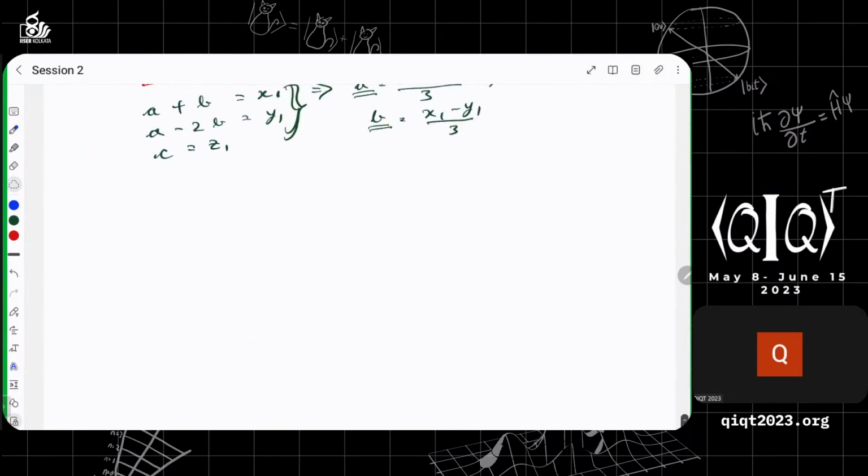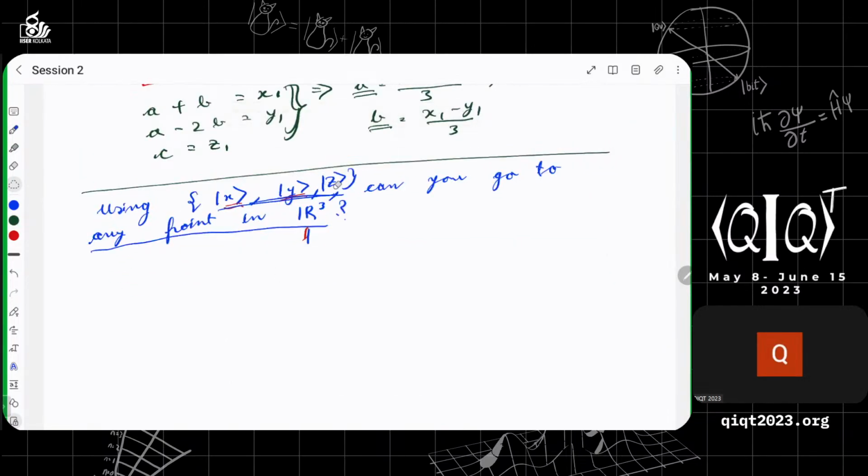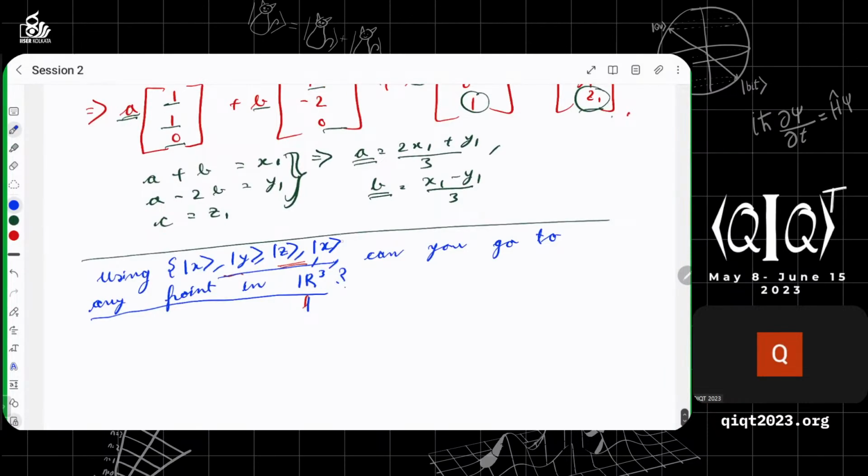Okay. So now I'm taking this set. Now I have a set with 4 elements: x ket, y ket, z ket, and x ket plus y ket. So with these 4 elements, can I go to any point in R3?